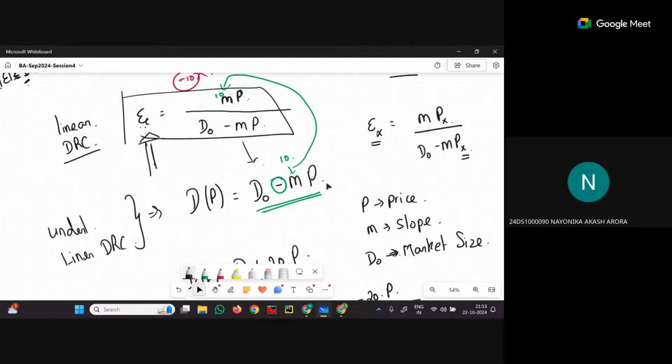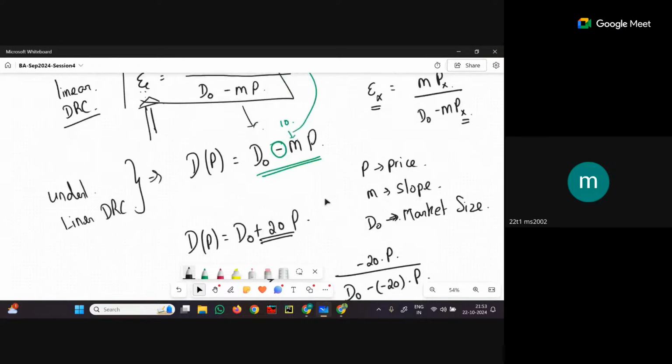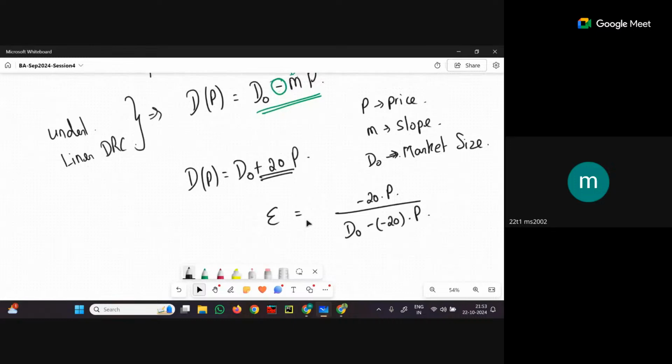Is it because the equation d0 minus m p is taken negative? Yes. That is because for most goods, as the price increases, the demand decreases. But there are goods which operate in the other sense as well. As price increases, demand could go up. Got it. So in those cases, you will use the other way around for the elasticity.